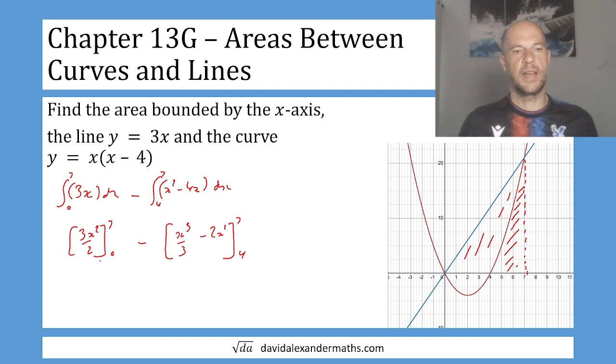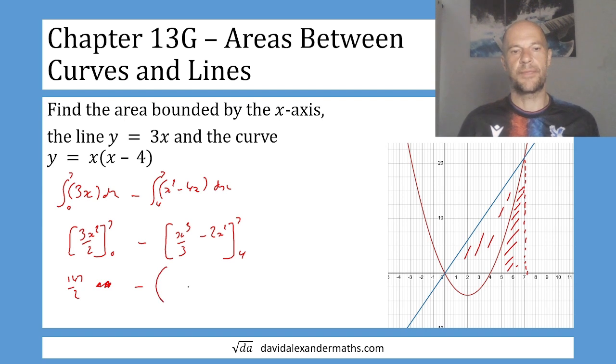When I put the 0 through this, that will be minus 0. So there's only one calculation here, which is 3 times 7 squared divided by 2, which is 147 over 2. So the area of this triangle, which again I could have worked out using base times height divided by 2, is 147 over 2.